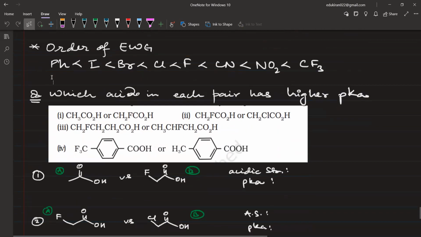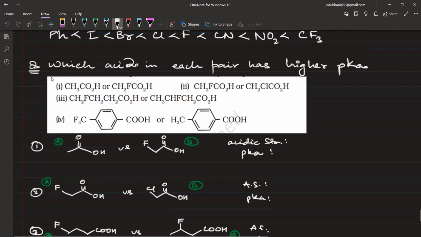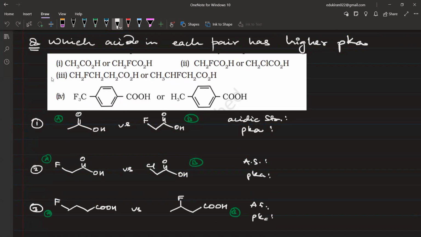अब बताइए, in the first one A और B, किसी में भी आपको इलेक्ट्रॉन विथड्रॉइंग ग्रुप दिख रहा है? बताइए. Look at the list and tell me, do you see any electron withdrawing group in A or B of the first pair? B. B में है, right?